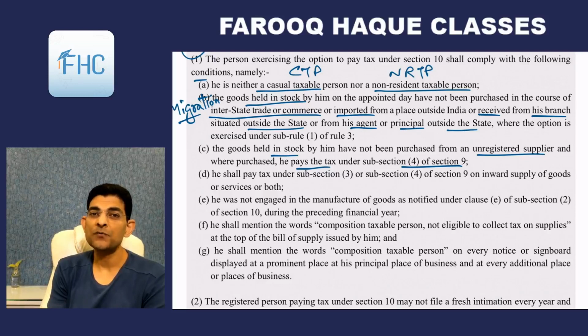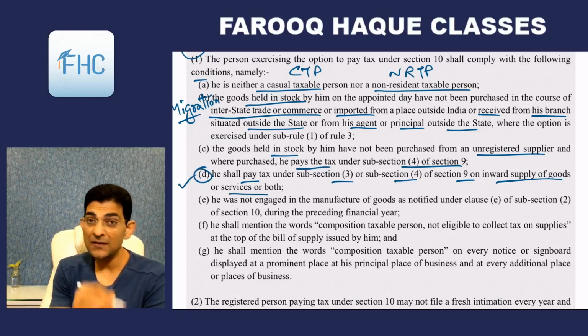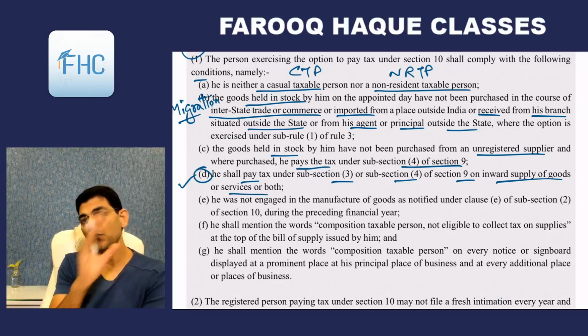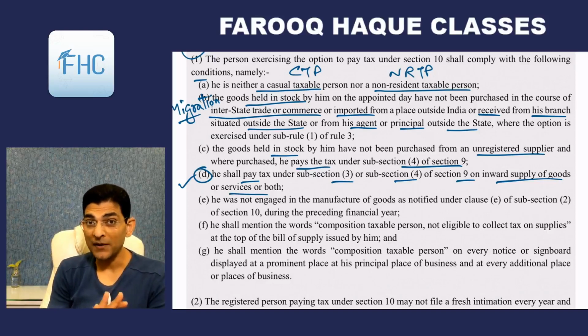If you buy your inputs from unregistered dealers, then you cannot opt for composition scheme unless you have paid tax on reverse charge. Then he shall pay tax under subsection 3 and 4 of 9 on inward supplies of goods or service or both. This is an important point. I have explained it to you that if you have purchases which are chargeable under reverse charge 9(3) and 9(4), that tax you have to pay separately, under normal method.